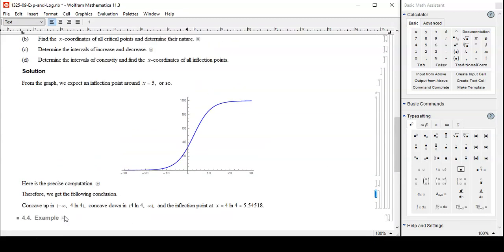So for the conclusion, negative infinity to 4 log 4 around here, concave up, and concave down from 4 log 4 to infinity. And 4 log of 4 is about 5.545, about here.